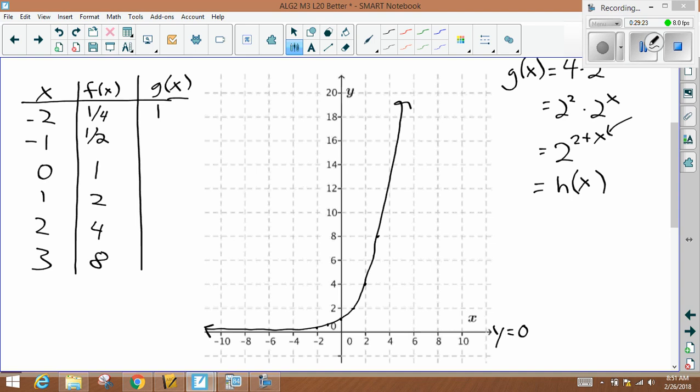G of -1 is going to give me 2 to the first power, or 2. G of 0 is going to give me 2 to the second power, because 2 plus 0 is 2. So that's going to be 4. Interesting pattern that's forming. Don't we just have the same pattern, just offset?